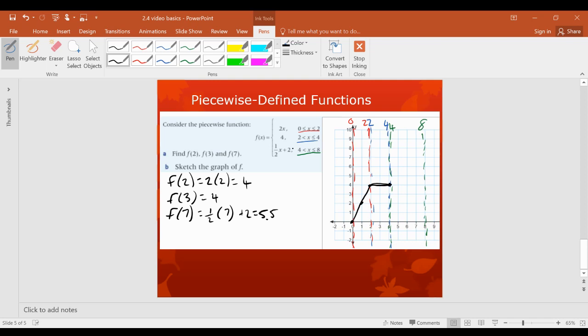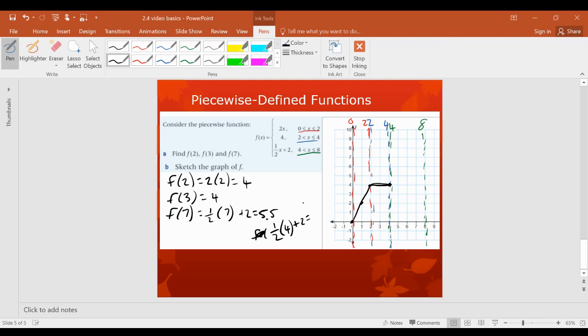And then finally, we're going to evaluate this function right here. To understand this one, we need to know where to start sketching the graph. So I'm just going to sketch the graph at that endpoint. I'm just going to do 1/2 times 4 plus 2, just to understand where this graph is going to start.